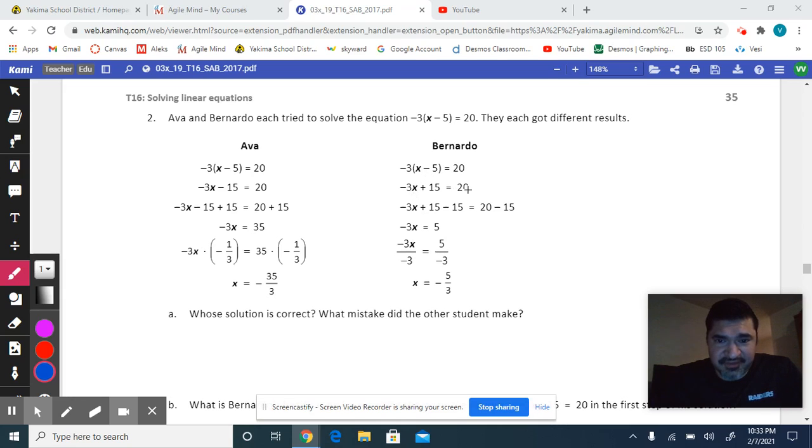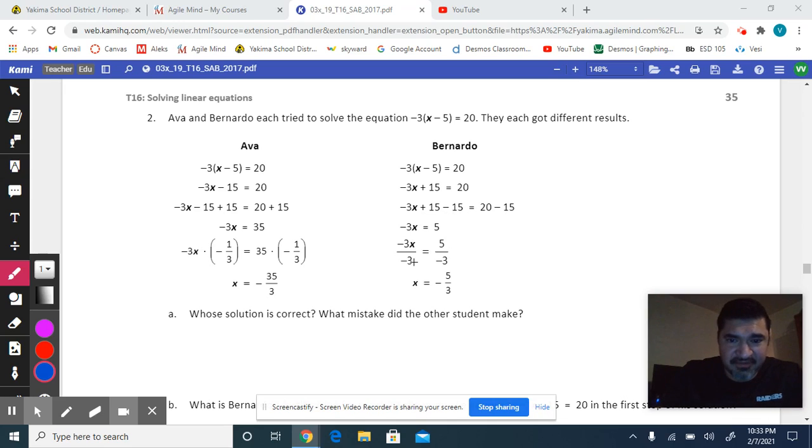We know that this part is correct because we just did that. Our next step would be the subtraction property of equality. We need to get rid of this plus 15, and the way we get rid of plus 15 is by subtracting 15. And what I do to one side, I need to do to the other side.